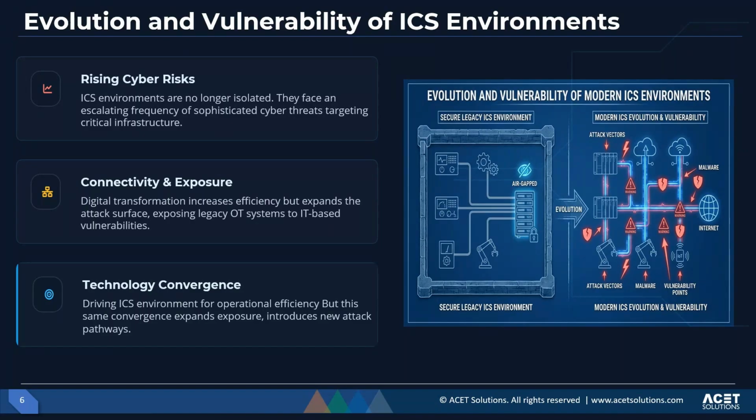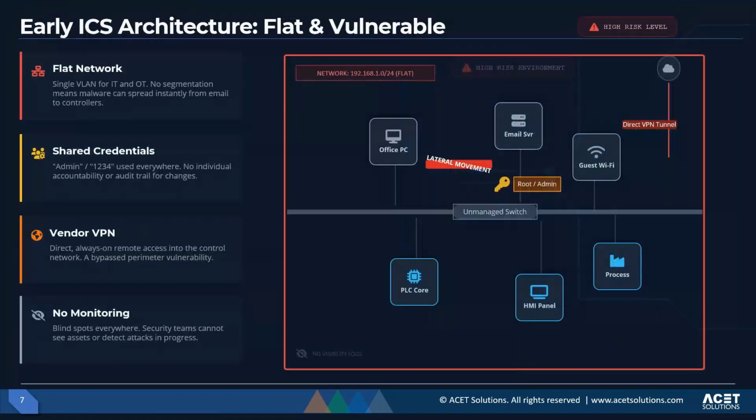So let's move on and have a look at the earlier ICS architecture. In the earlier or legacy ICS environment, the network architecture was typically flat, meaning all the devices existed on a single unsegmented network with no meaningful barrier between them.